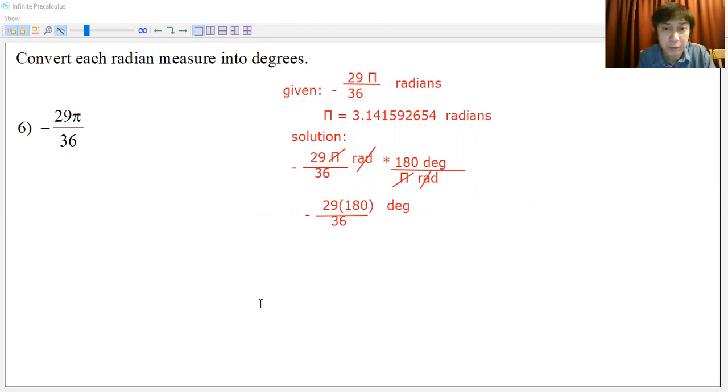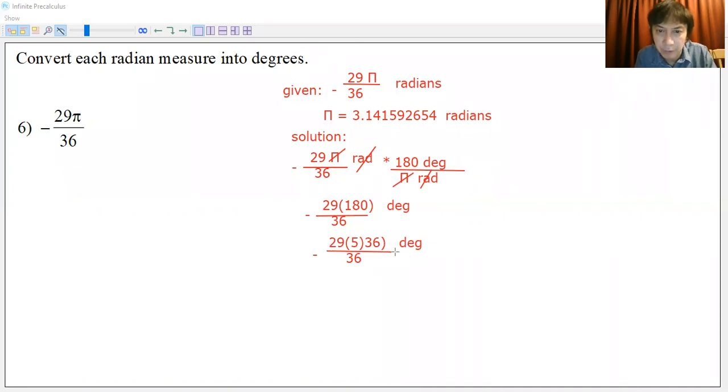And then we can simplify the answer. We shall get the factors of 180. 29 has no other factor except 1 and itself. It's a prime number. So we have the negative, and then we continue with the 29, and 180 can be factored as 5 times 36, in degrees, with the 36 at the denominator.